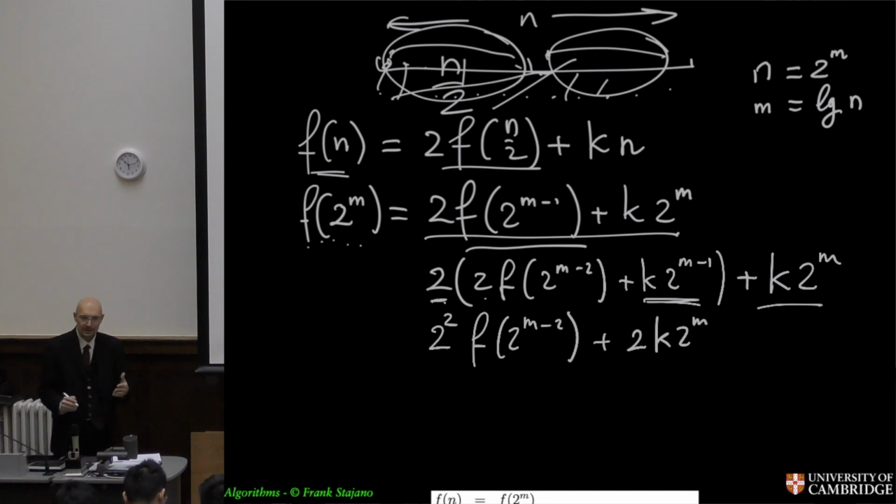Now there's too many number 2's for me to see a clear pattern, so I'm going to do this substitution once more. If I substitute here with the exponent being m minus 2, so every time I see m in here, I replace it by m minus 2.